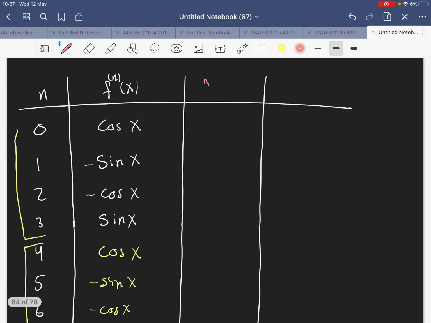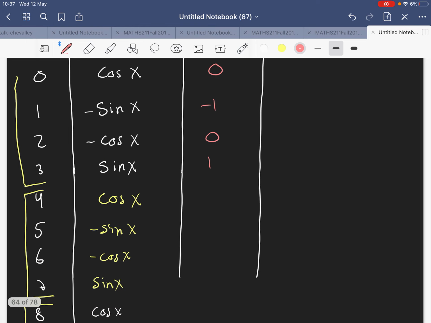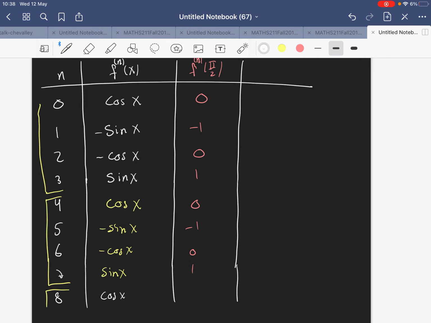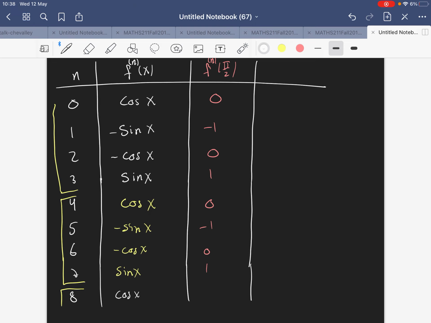The next step is to substitute pi over 2. So this would be 0, negative 1, 0, 1. And as you can see, this has to repeat itself: 0, negative 1, 0, 1, and so on. As you can see clearly here, the odd terms will survive and the even terms will vanish.